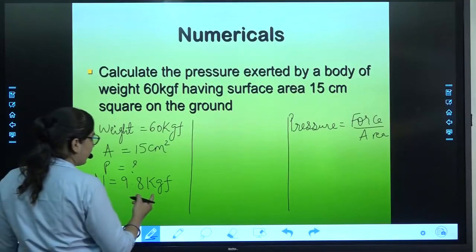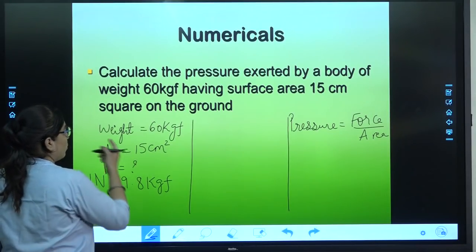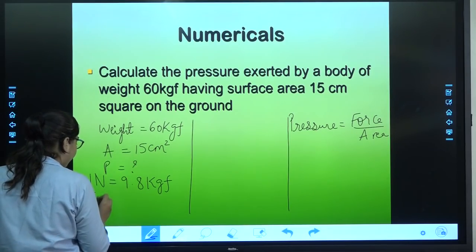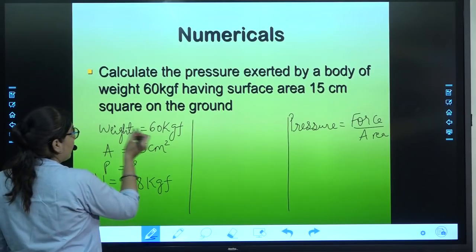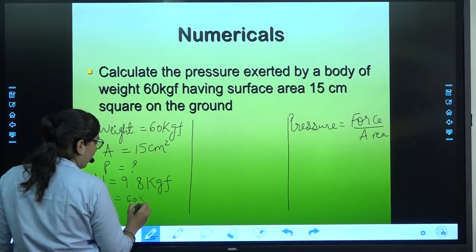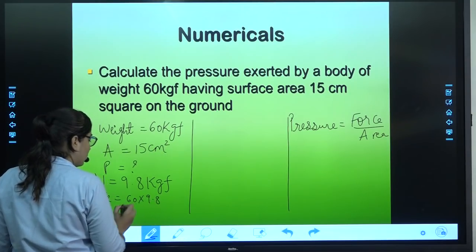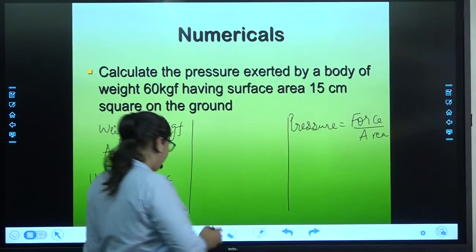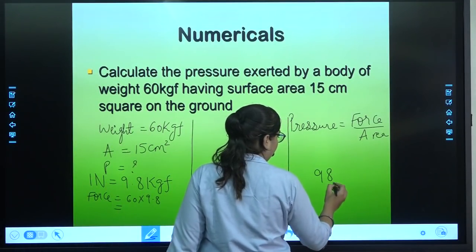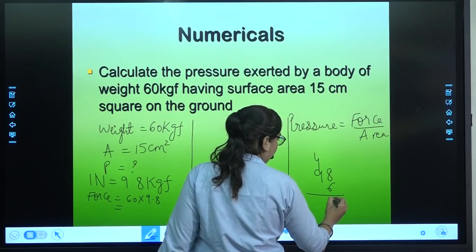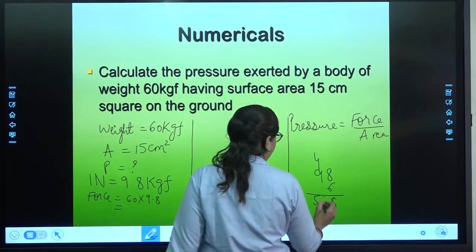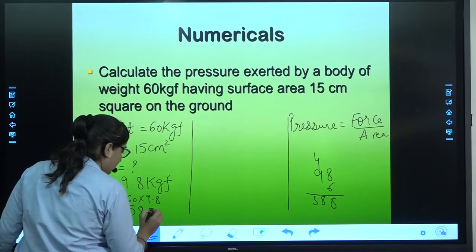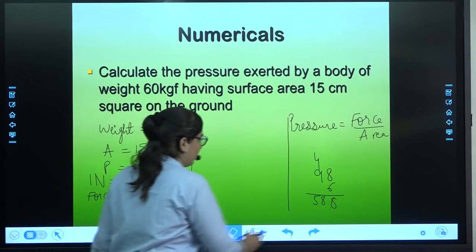So the given force will be 60 into 9.8, so it will be 9.8 into 6. If you multiply 9.8 by 6, you get 588. So here the force is 588 Newton.